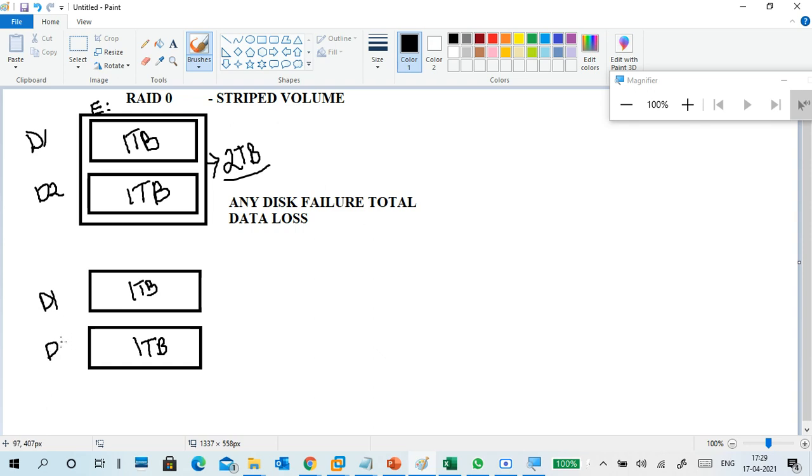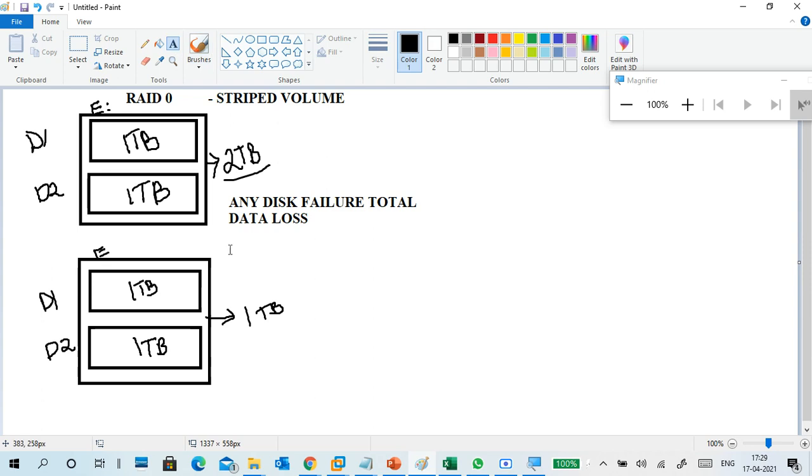This is disk 2, and I combine these two disks. For example, before I do this, this is an E drive. The E drive size is 1 terabyte. Now combine the two disks and the resultant is also 1 terabyte.